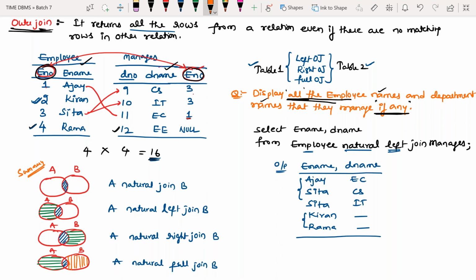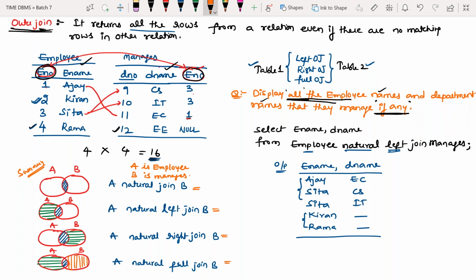Fine. Now, here you tell me. For this example only, say A is the employee table and B is the managers table above. How many rows are in A natural join B? How many rows in the output of A natural left join B, natural right join B, and natural full join B? This is my question.